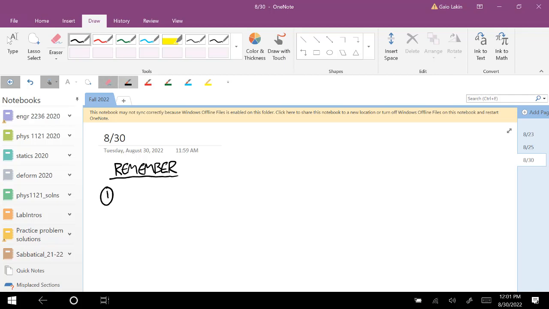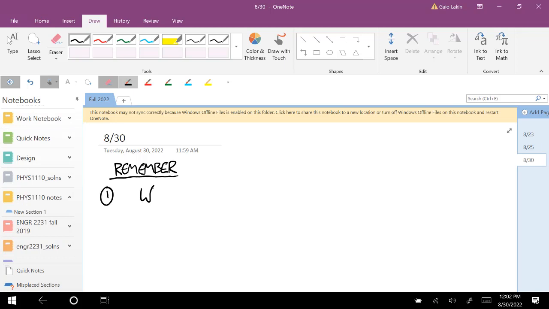The first one, this is the last thing we talked about last time. The work of expansion of a gas, well, it's also the work of expansion of a liquid, but it doesn't expand very much. It tends to be gases where we care about this.